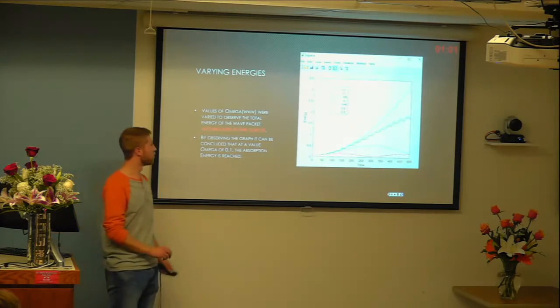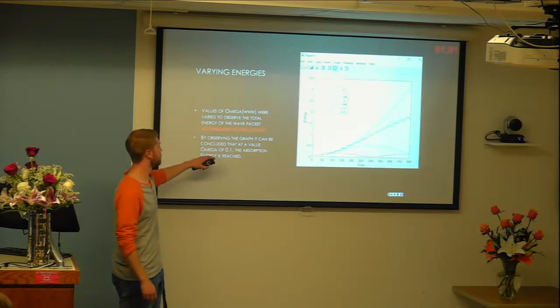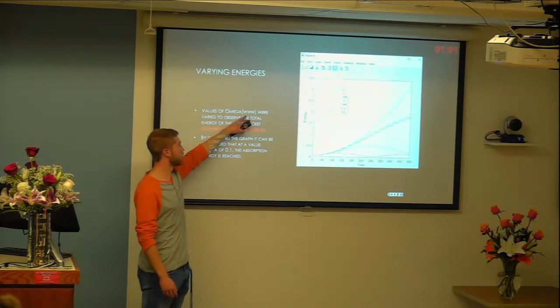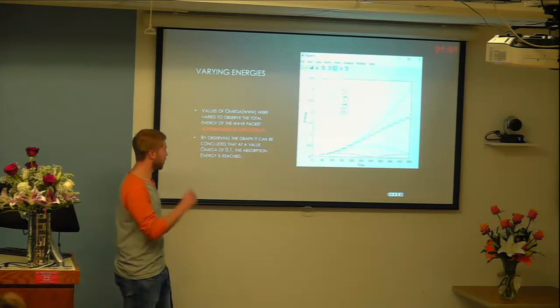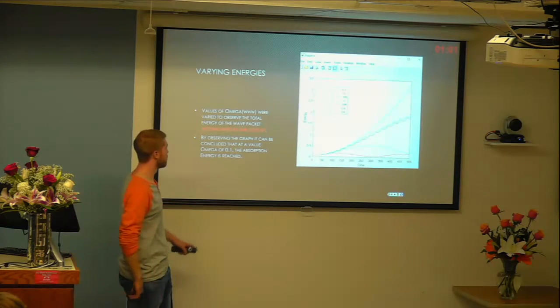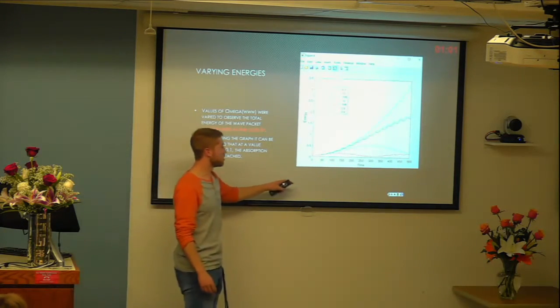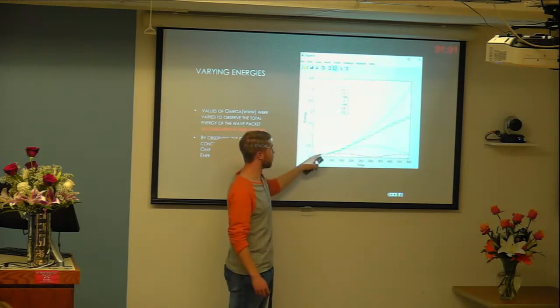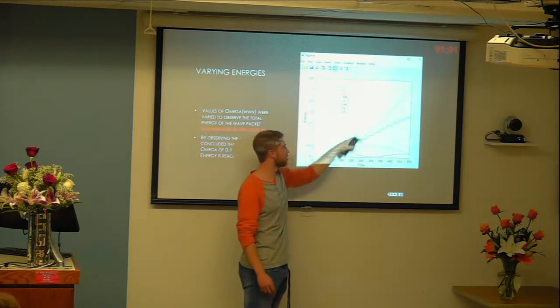Okay, so here I changed from that initial equation the omega, or W value, of the energy system that was being applied. I varied that W value over time, and you can see how the energy accumulates over time.